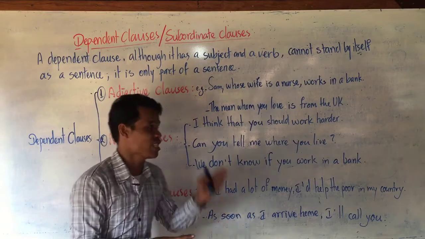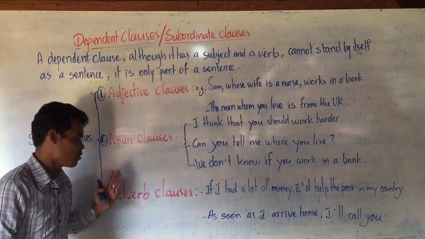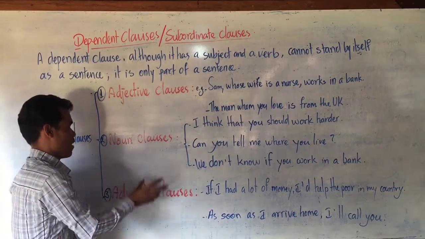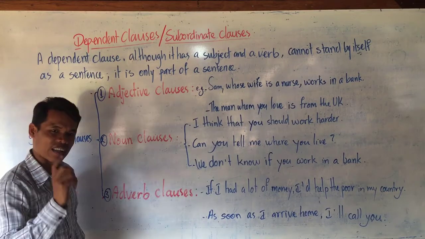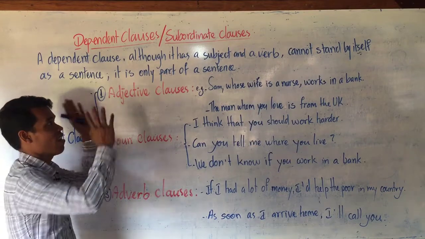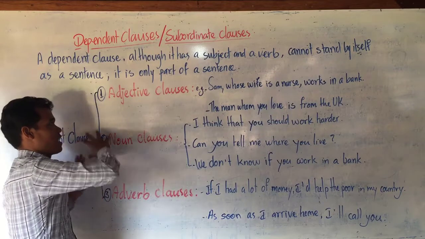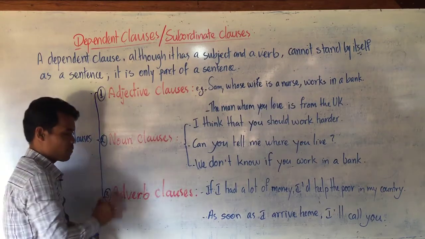One is adjective clause, number 2 is noun clauses, and number 3 is adverb clauses. So adjective clause, noun clause, and adverb clause are from dependent clauses. They do not come from clauses. Actually, clause has 2, dependent and independent. Dependent has 3 more: adjective clause, noun clause, and adverb clause.